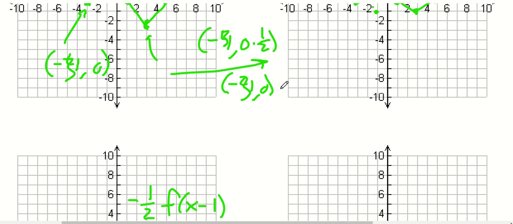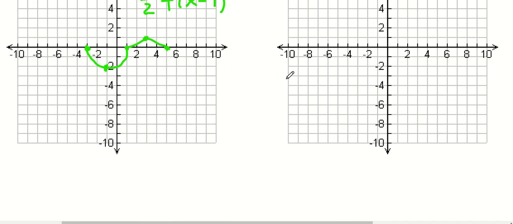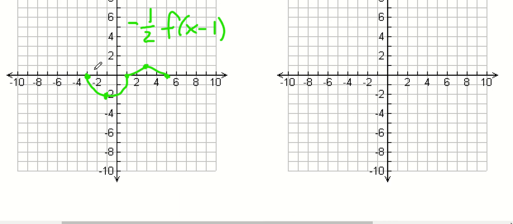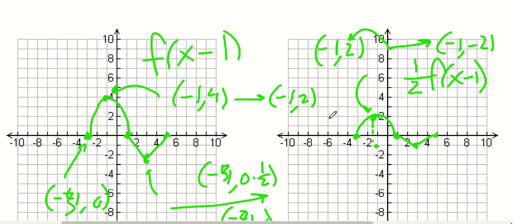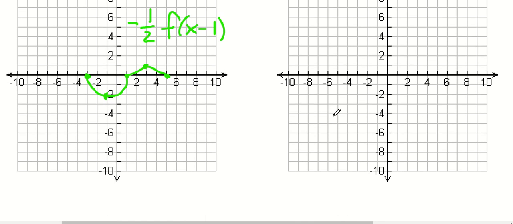And then the very last thing we need to do is we also have a vertical shift of 3. So we now want to take and add 3 to each of the y components. The point here, which was at -3, 0, is now going to be at -3, 3. The point at -1, -2 is now going to be at -1, 1.